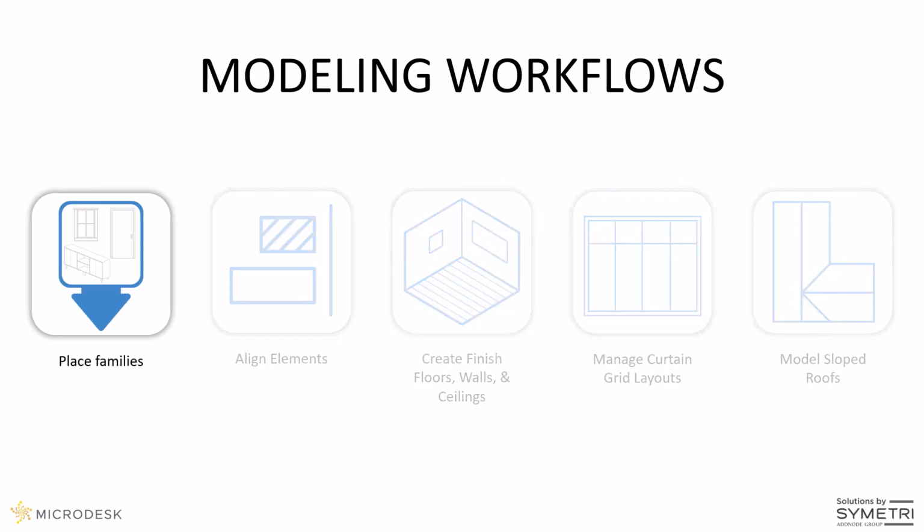So let's start with placing families. Now, when you have your own content library within your company that's usually located on a network or local locations, it's not the easiest to be inserting those families into your different projects. But with Naviate, this is made easy with our family browser.